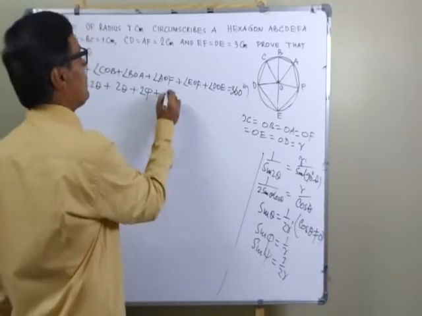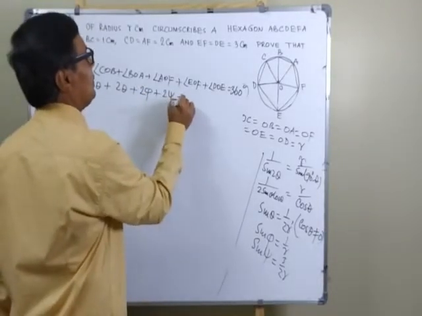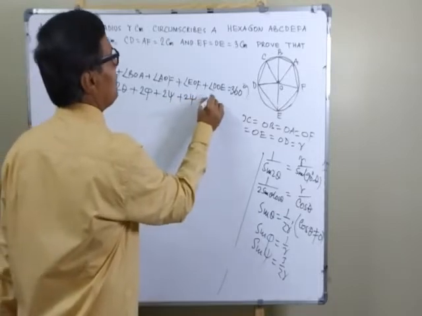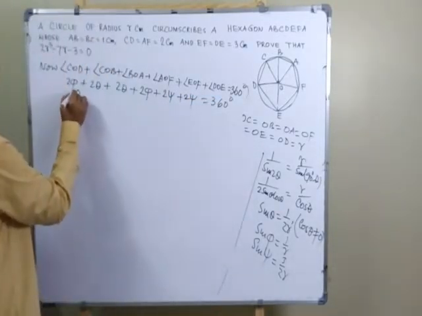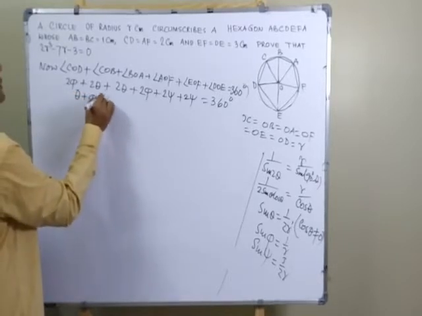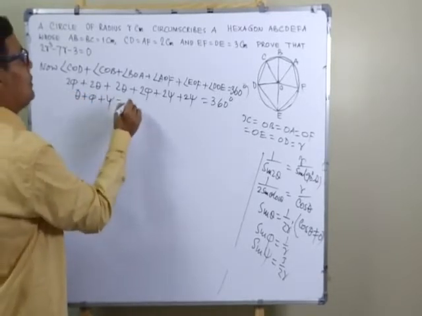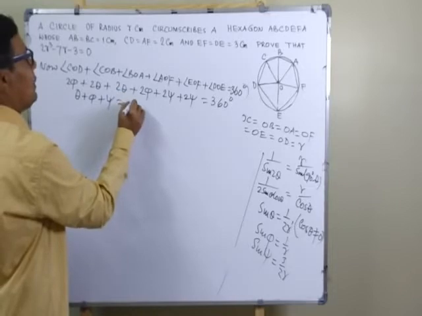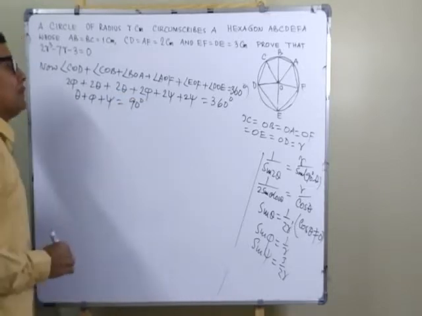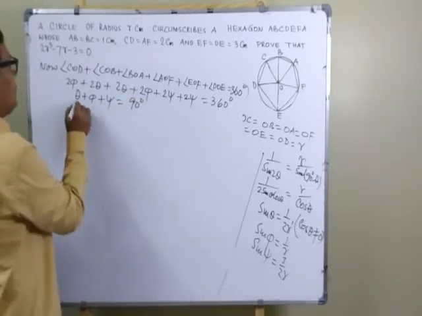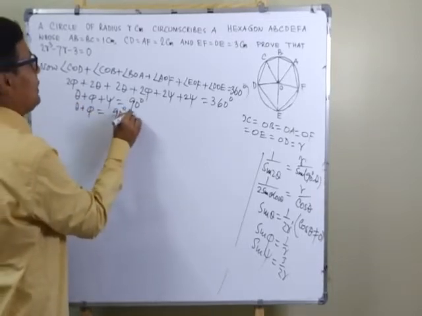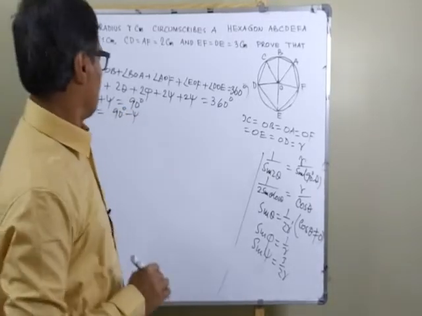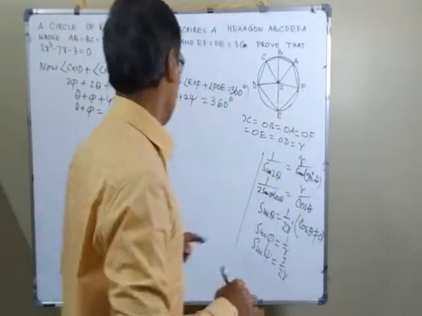EOF is considered as 2 psi, and DOE is also 2 psi, is equal to 360 degree. So we can write theta plus phi plus psi is equal to 90 degree. So theta plus phi is equal to 90 degree minus psi.